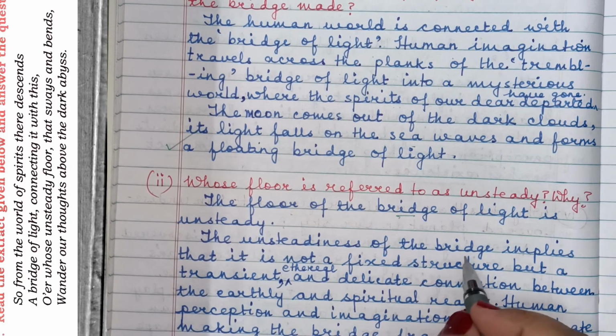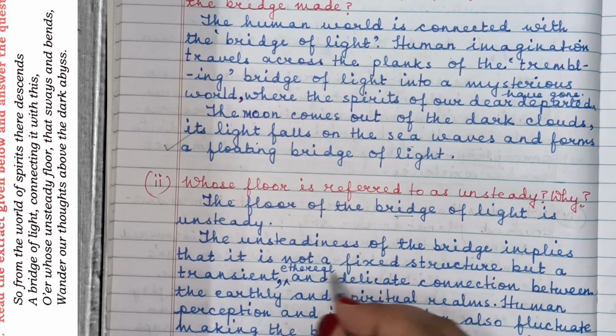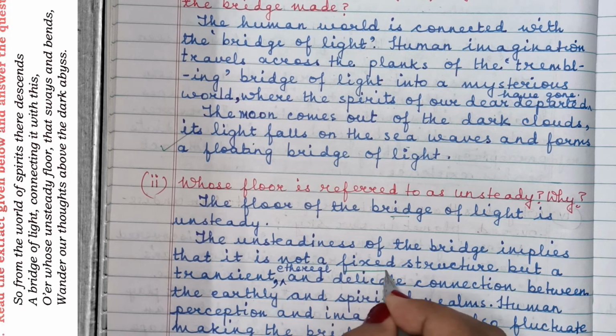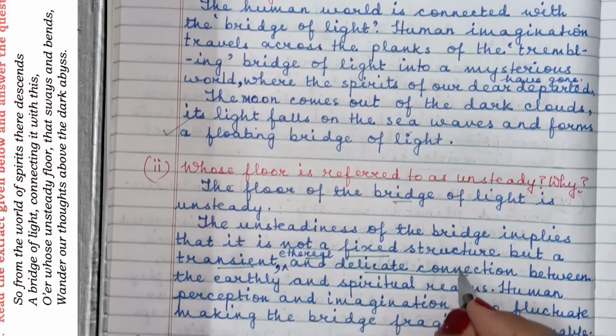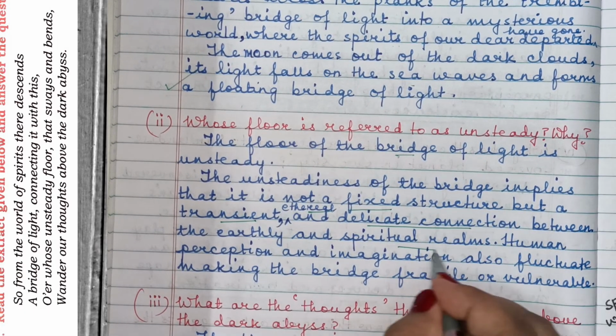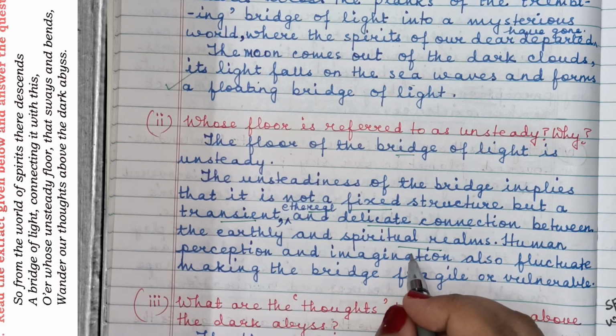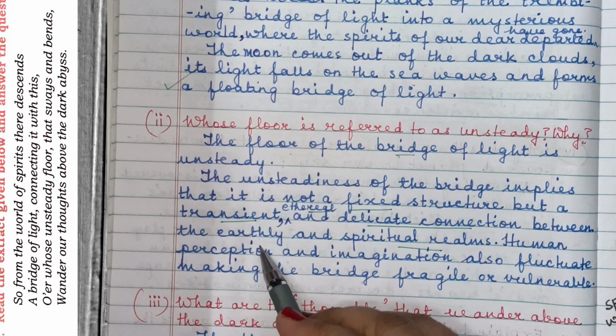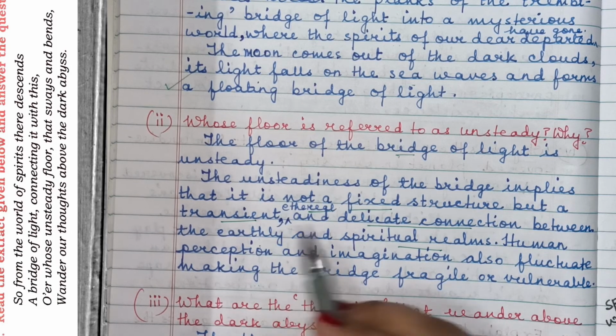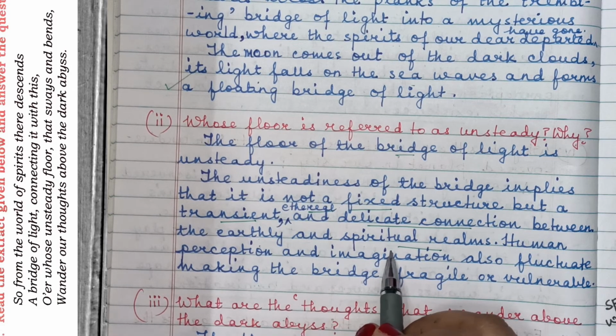Why? The unsteadiness of the bridge implies that it is not a fixed structure, but a transient, ethereal and delicate connection between the earthly and the spiritual realms. Two realms. Earthly existence and spiritual existence. Two worlds. The known earthly world and the unknown spiritual world.